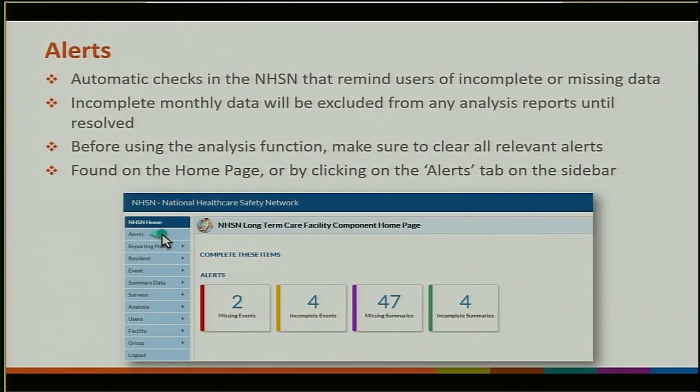Really important that you resolve any outstanding alerts. So these alerts are one part of a balance check act that we implement into NHSN to remind users to, hey, let's make sure your data is good, because you want your data to be accurate, especially if you're benchmarking against yourself.